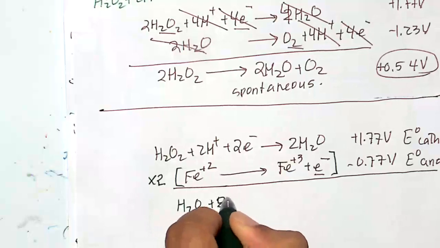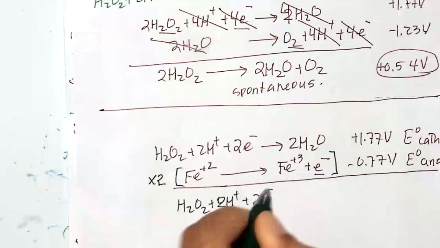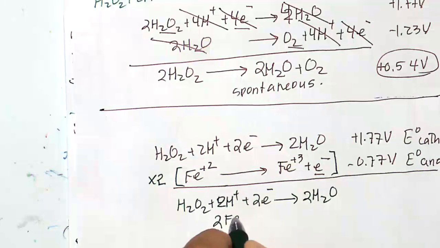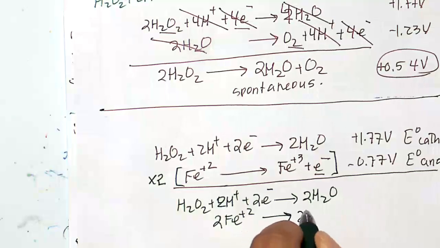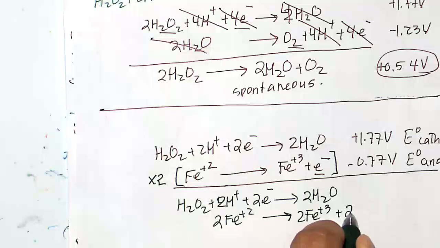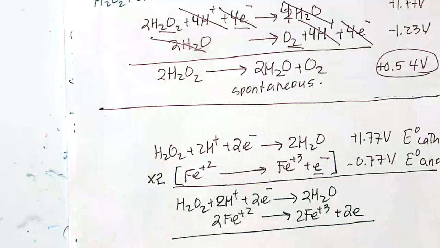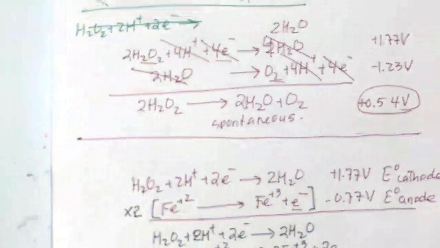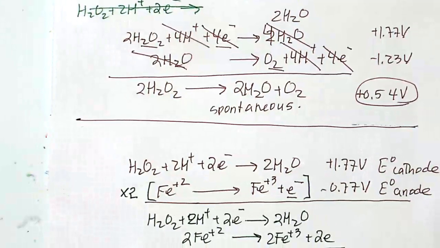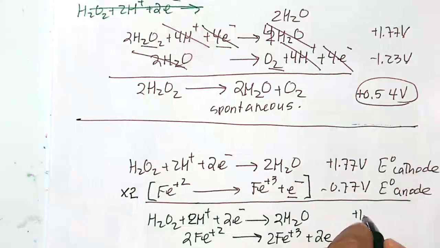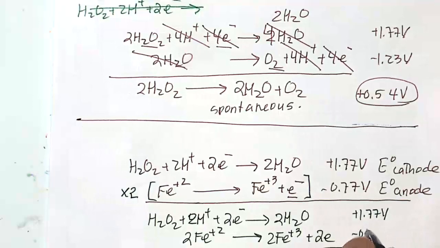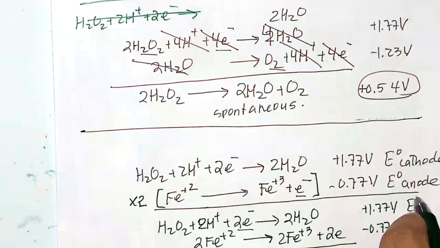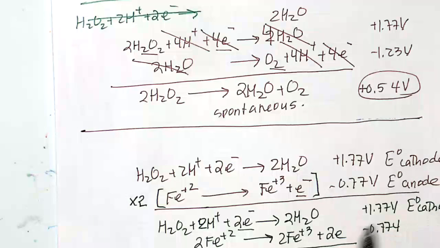So let's rewrite everything again. Remember, these values never change. The only thing that changes is their sign by flipping it. So this is still at positive 1.77 volts. This is minus 0.77 volts. This is gaining an electron, so that is reduction, which happens at the cathode.